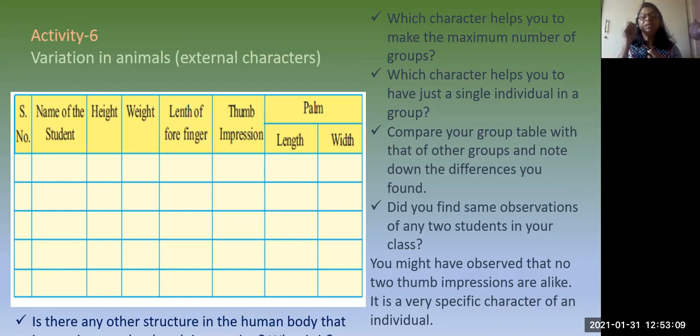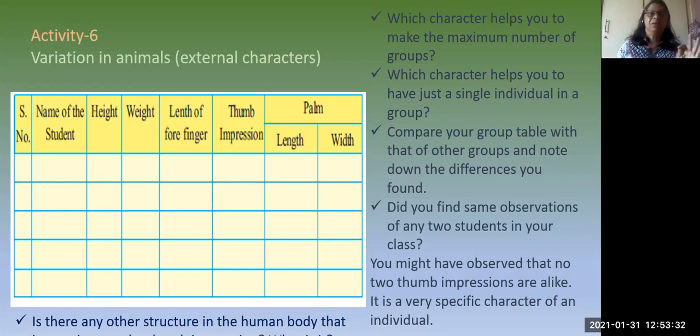Did you find the same observations in any two students in your class, or among your neighbors or family members? You might have observed that no two thumb impressions are alike.